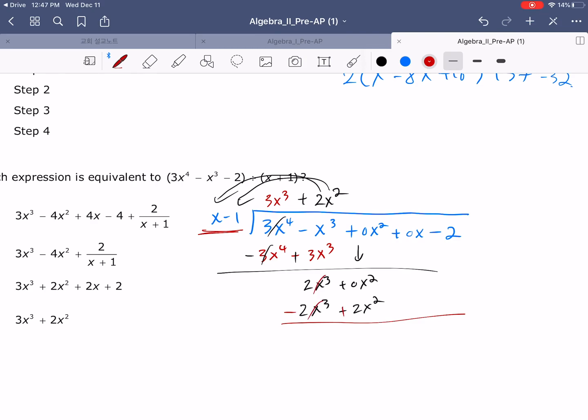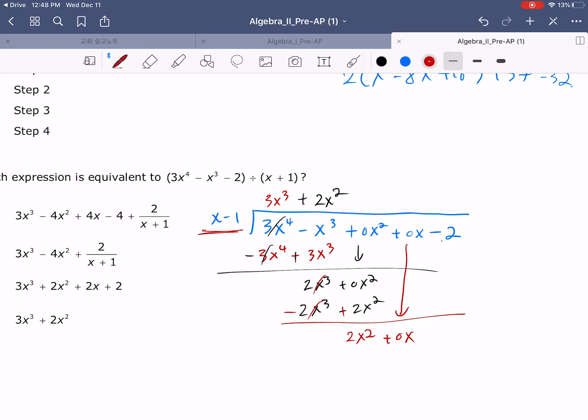This will cancel away. 0 plus 2. Now, do you see why I put 0 here? 2x squared. If you don't put 0x squared at this point, you can be screwed because of this, because you're going to do something with this negative 2. So we're done with this.